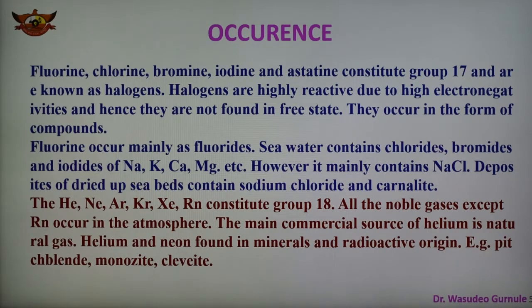Radon, the last element of the group, is obtained from the radioactive disintegration of radium. All the others are present in air in traces. They are also known as rare gases because they are found in very small quantities in nature.